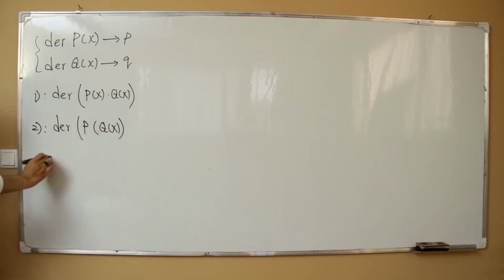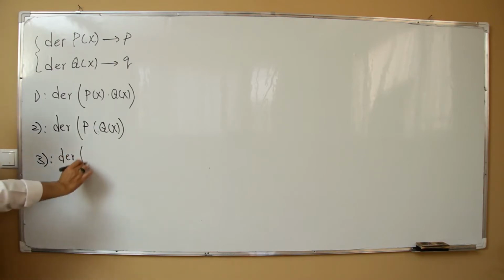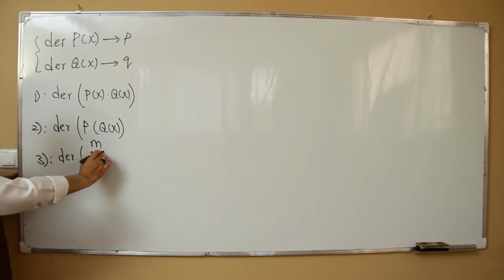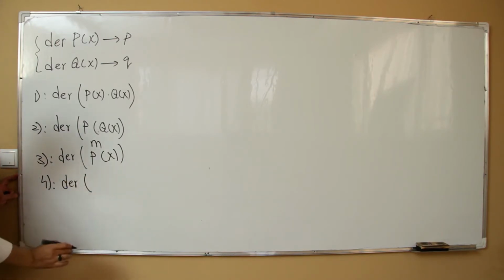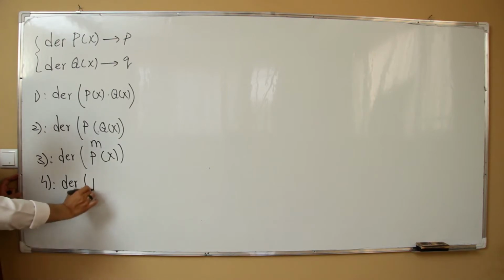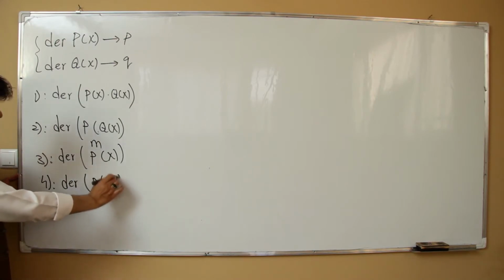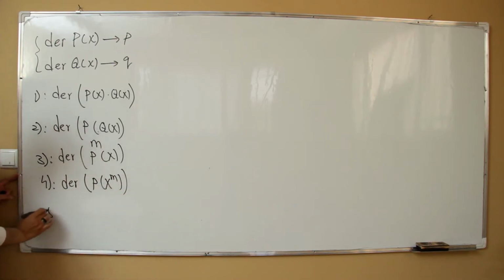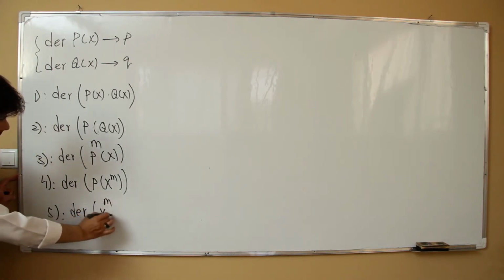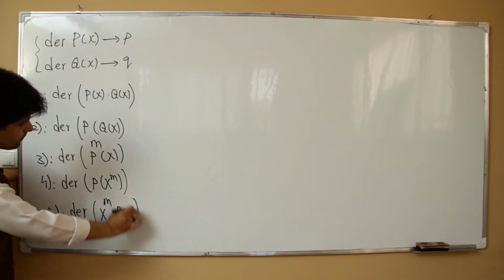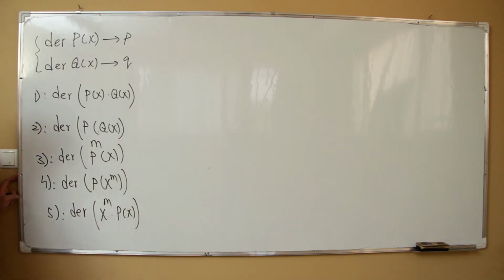Number 3, the degree of [p(x)]^m. Number 4, the degree of p(x^m). And number 5, the degree of x^m times p(x). These are the questions that we can ask.